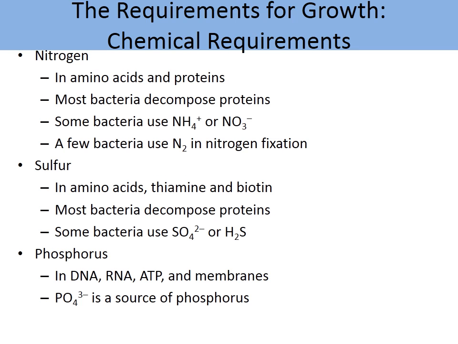Bacteria, of course, have chemical requirements, and there are many things we see in terms of bacterial growth. We have nitrogen, sulfur, and phosphorus, and many times when we get specific bacterial infections, our bodies get depleted of these particular chemicals.